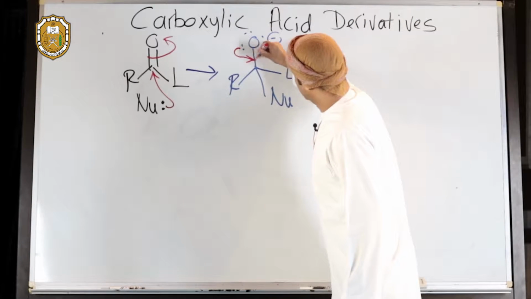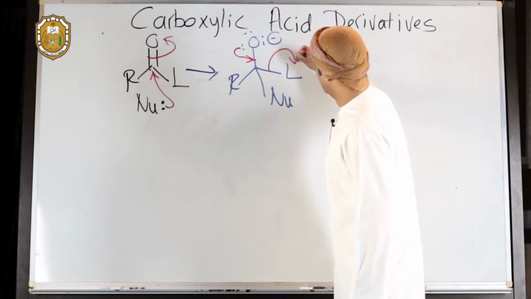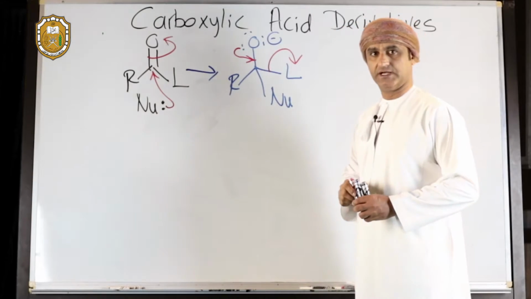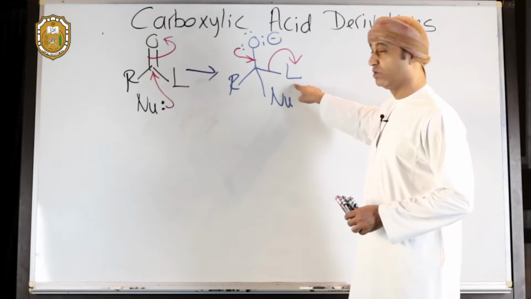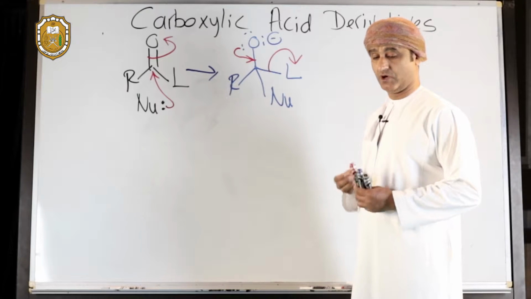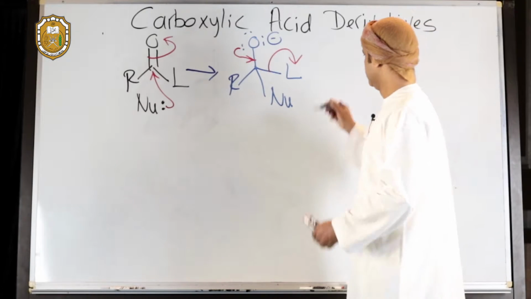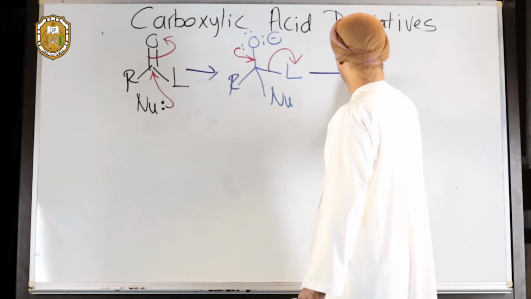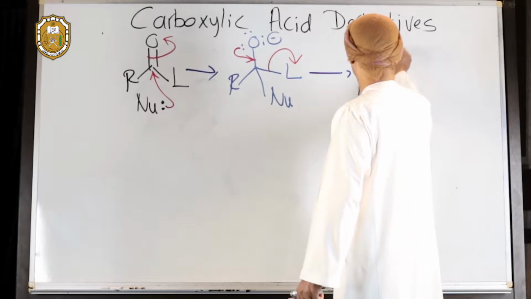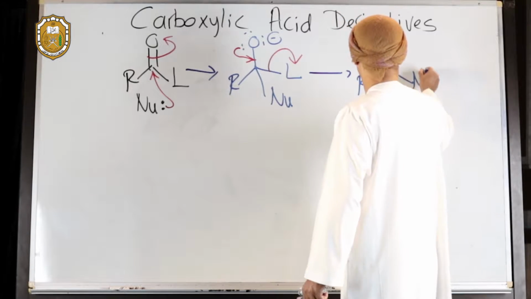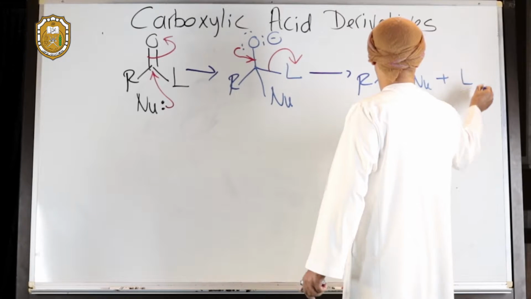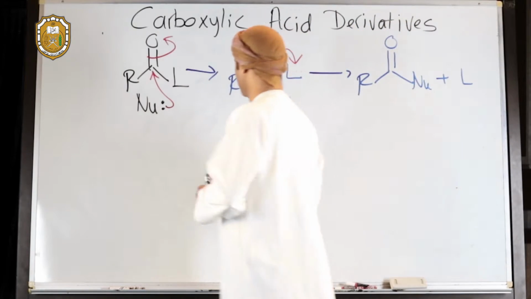So the carbonyl group reforms, the C-L bond is broken. That's because L is a leaving group or a potential leaving group. So the product finally is a new carbonyl compound.